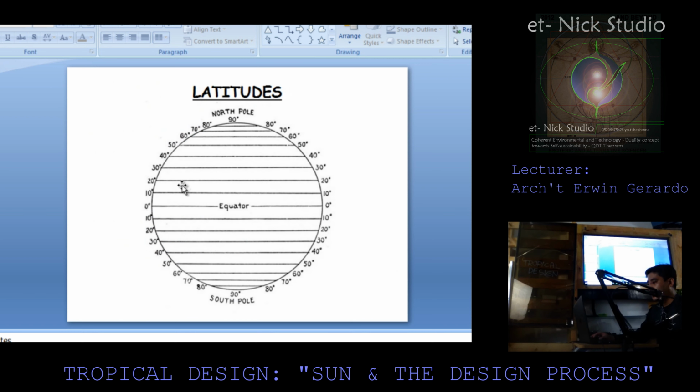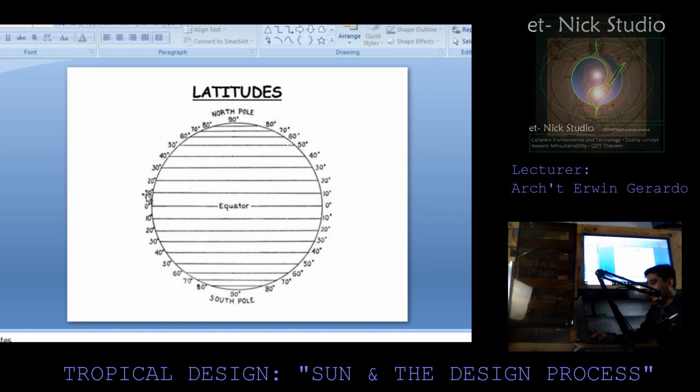Latitudes. North 90 degrees. So from 90, you could see here that the center, the equator, is considered to be your origin, which is 0, 0, or the neutral zone. Then from 0, 10, 20, 30, 40, 50, 60, 70, 80, and 90 degrees.